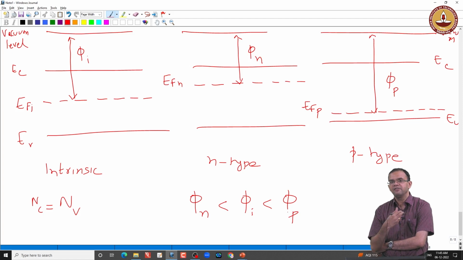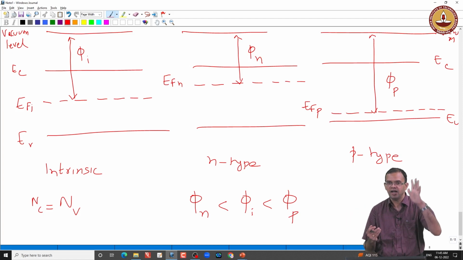But okay, let's go back to Hume-Rothery rules. They were more for metals, right? So whether we could use Hume-Rothery rules as such for silicon, I would not know. So for boron, we know boron in silicon is substitutional. If I had oxygen, oxygen would not diffuse, right? Oxygen would rather react with silicon because most of the doping is essentially a high temperature process.